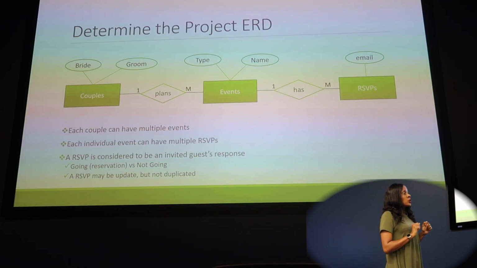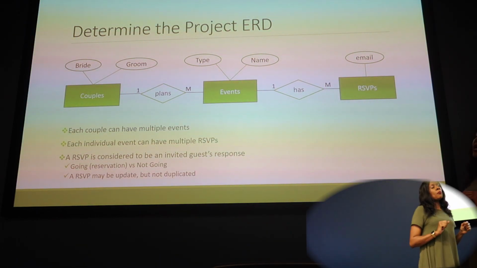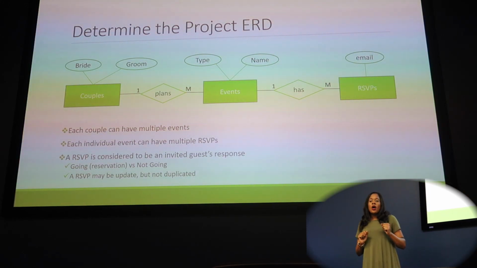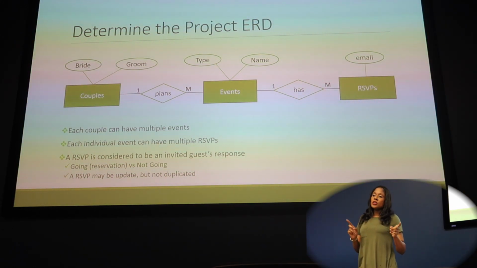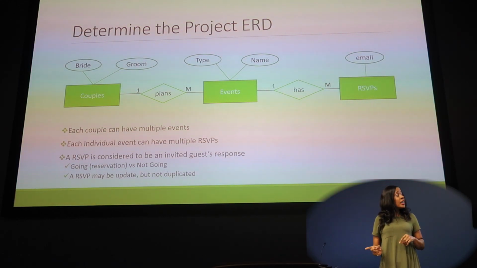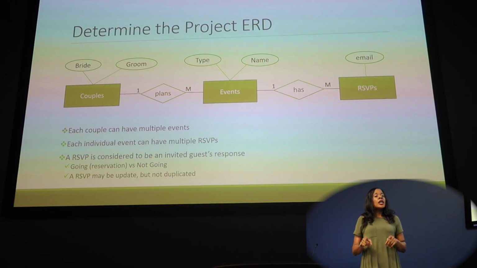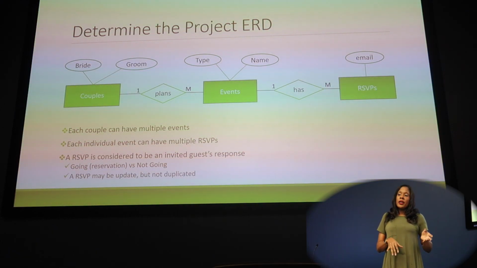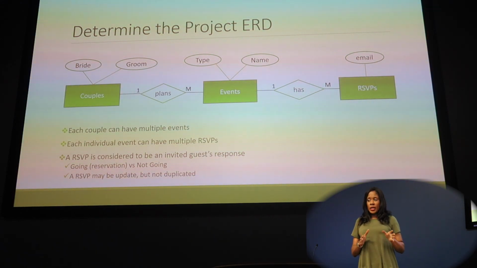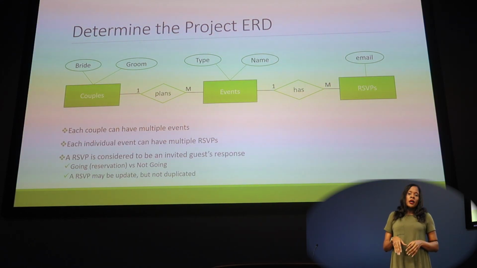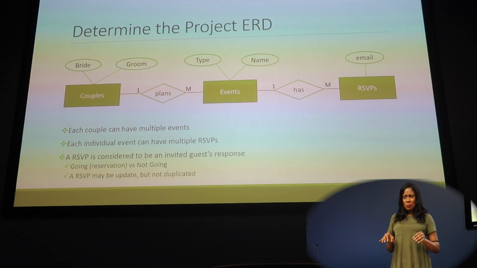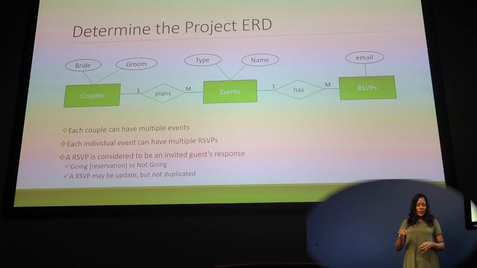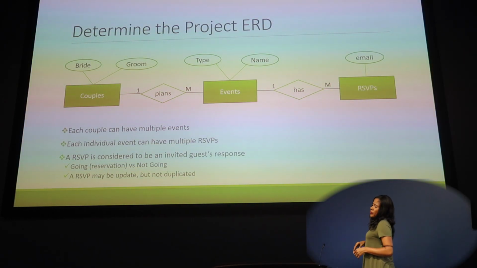Another limitation we're going to look at: we're designing the model so that an individual RSVP that's associated with a specific event, once a person goes to the site and registers, if they go back again using that same email, they're just going to update their existing RSVP. Does that make sense?